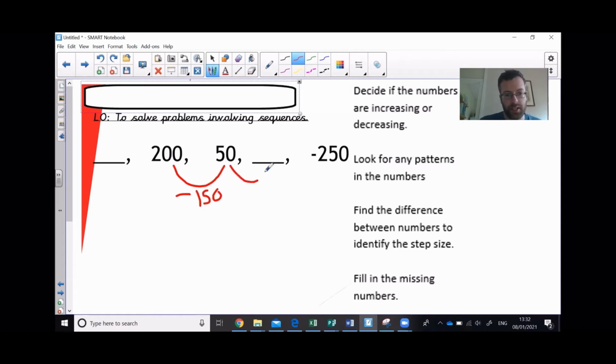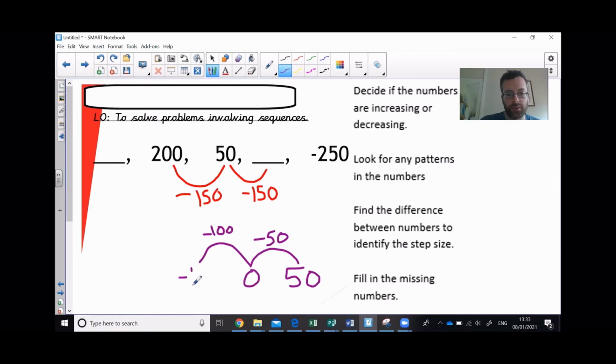So from here to here, I've also got to take away 150. Now this is where negative numbers can scare some people. We really don't need to be scared of negative numbers. All I'm doing here is 50, take away 150. But if I take away 50, what do I get to? It's 0. And then I've got to take away another 100, which is going to get me to minus 150.